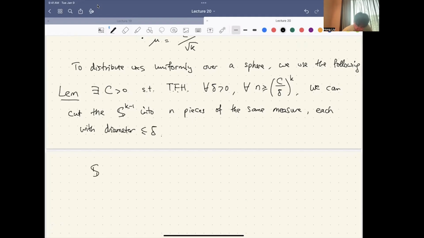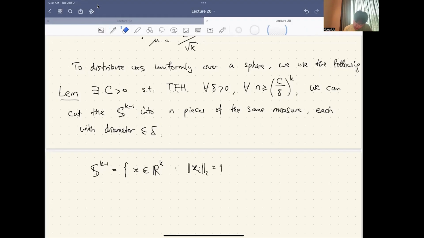Here we assume, what's this high dimensional sphere? It's basically all points x in R^k such that the sum of x_i squared is 1, the little L2 norm.